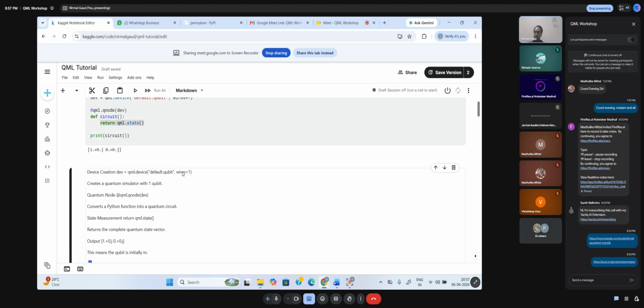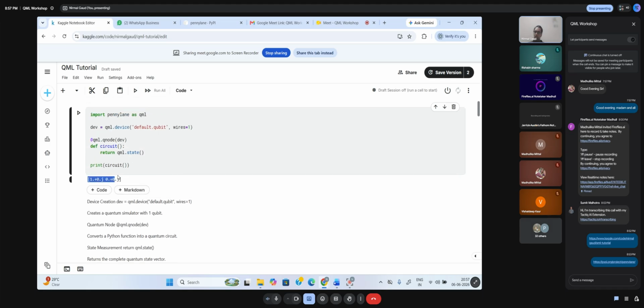You can run this code, and this is what you will get as a result: 1 plus 0j, 0 plus 0j. In 1 plus 0j, if you remember, 1 is the real part and 0 is the imaginary part. Here also, 0 is the real part and 0 is the imaginary part.